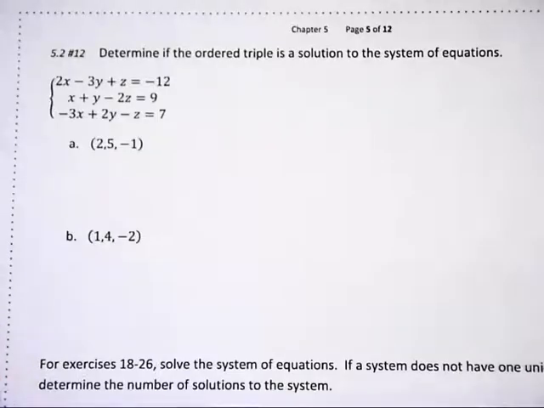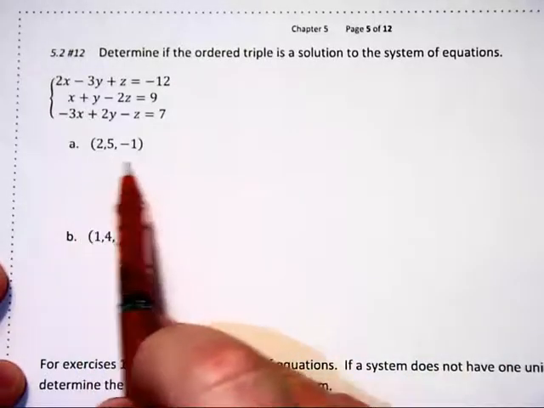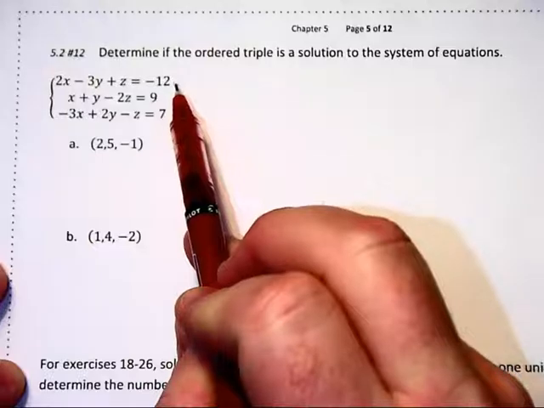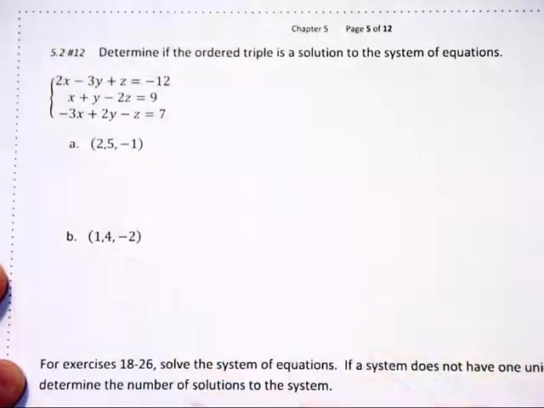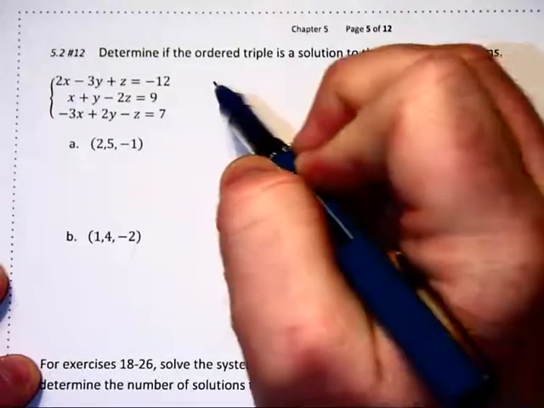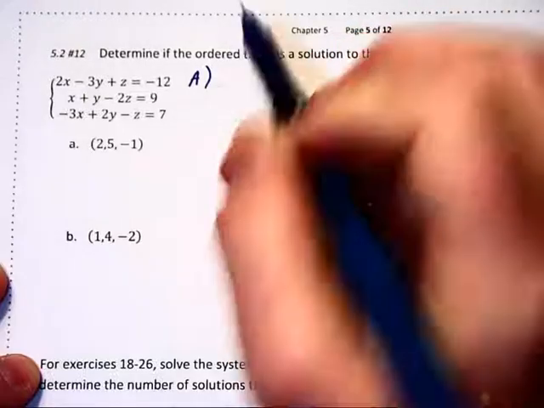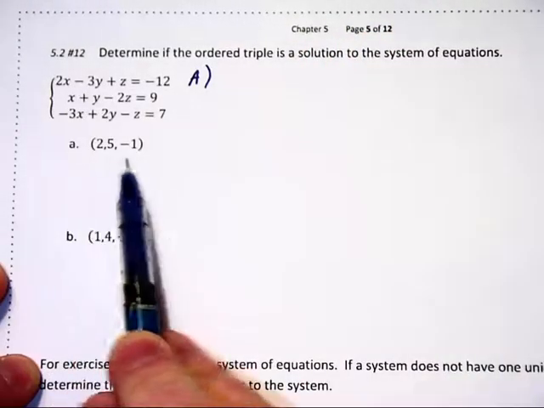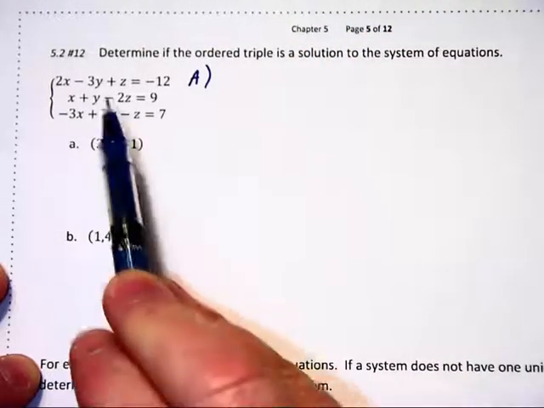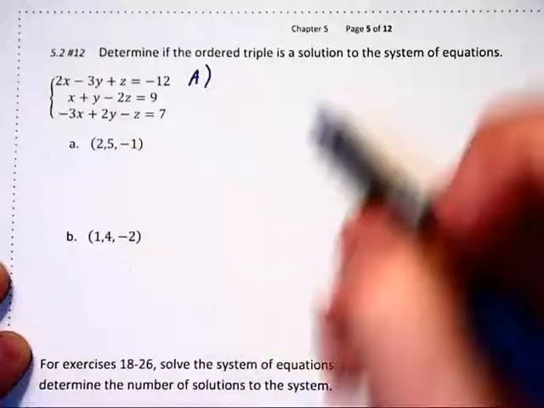Now this may seem to be a trivial type of problem, determining whether these ordered triples actually are solutions to the system, but this is a key type of problem because this is the way we check our answers. So for part A, we wish to take this first triple, (2, 5, -1), and check it in each of these three equations.